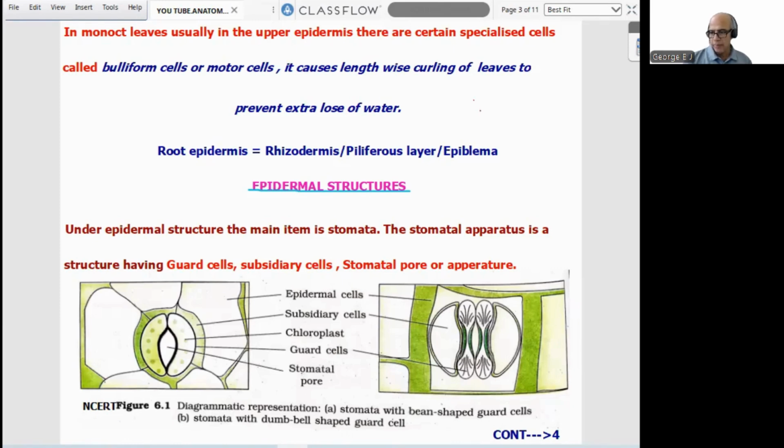Now comes epidermal structures. So cells are over, now structures. Under epidermal structures, the main item is stomata. Stomatal apparatus is a structure having guard cells, subsidiary cells, and stomatal pore or aperture. This is a famous NCERT diagram.